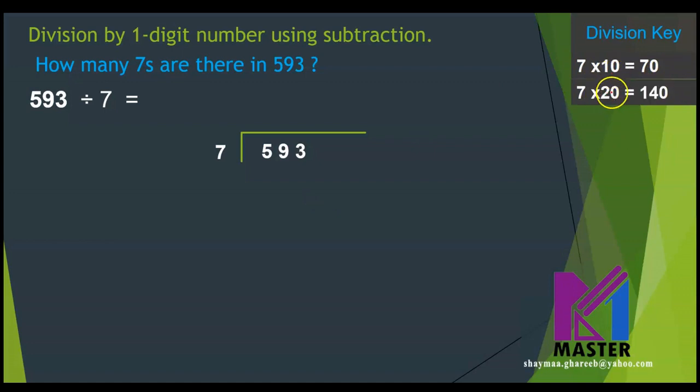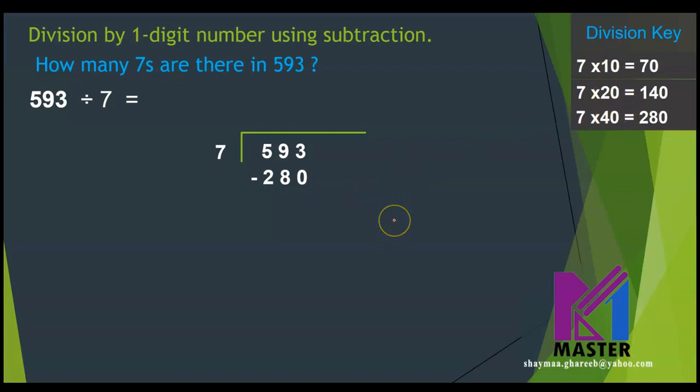Then after the 10, 20, which is double 70, 140. Then 40, which is double 140, 280. Can I use 7 times 100? 7 times 100 gives 700, which is bigger than the 593, so I will not use it here. I will just use these 3 facts.